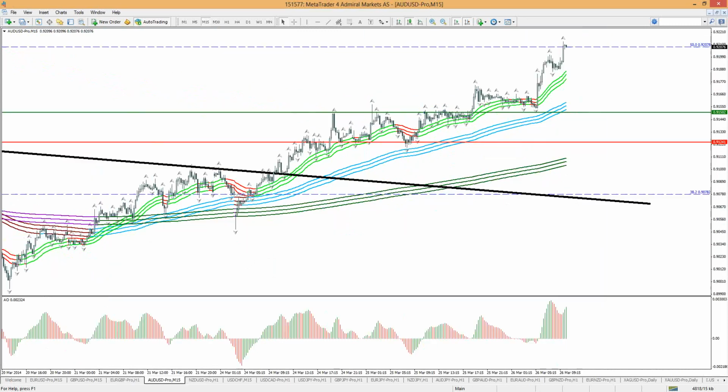AUD-USD. We got a break yesterday here, and got the upside after a bull flag to the target, the 50 fib at 92.08. So it took a while. We got two bull flags here: impulse, bull flag, impulse, bull flag, impulse. But this is a typical example of a trending environment where price is above the moving averages, and the moving averages are spaced there.